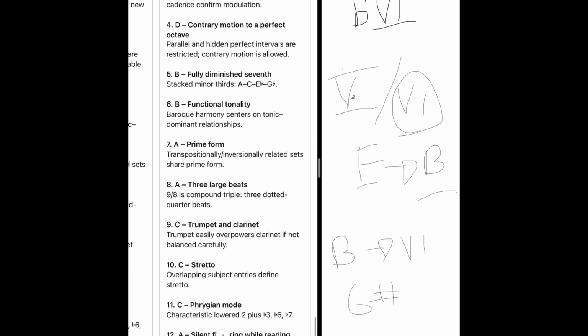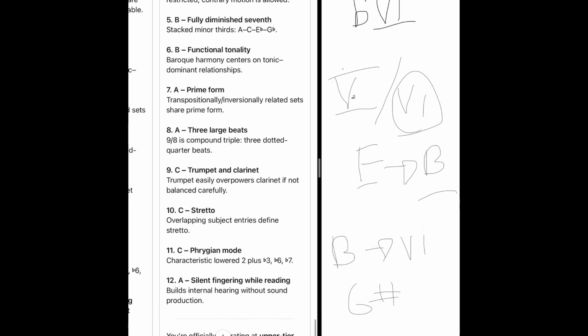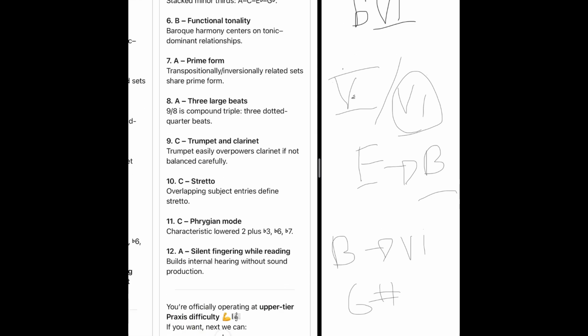Okay, I'll have to look up that chapter, where that came from. Fully diminished. Yep, that was right. I had that one right. Functional harmony. Functional. Okay.